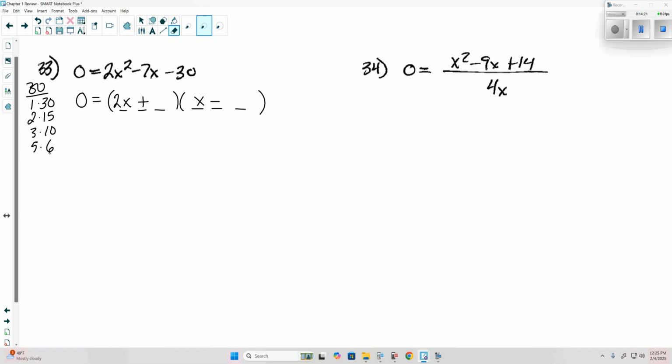Which set of factors do you think we're going to try? Well, we did get a solution, yes? We got a solution 6, yes? So what number do we think should probably work? 5 and 6, because 6 is a factor, yes? So 6 is probably going to work.